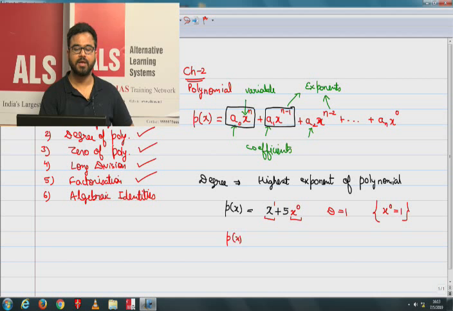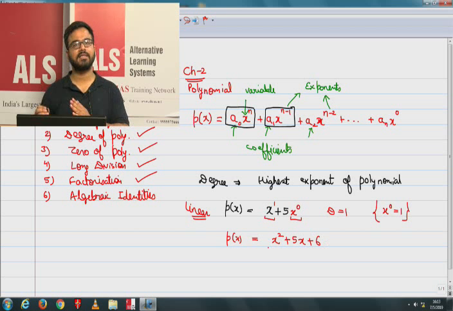When the degree of the polynomial is 1, you might remember that the name of the polynomial was linear polynomial. Similarly, if p(x) is x^2 plus 5x plus 6, here the variable is x and different exponents are there: this exponent is 2, this exponent is 1, and here the exponent is 0.